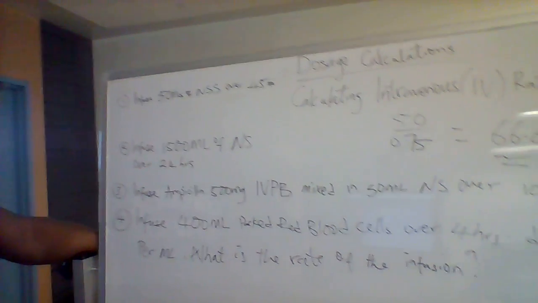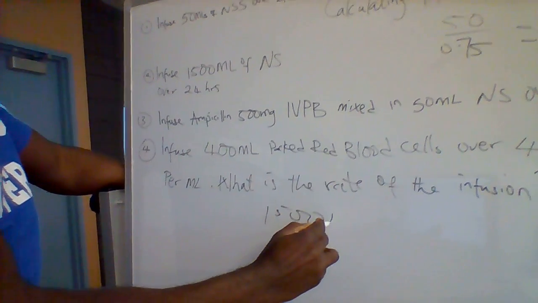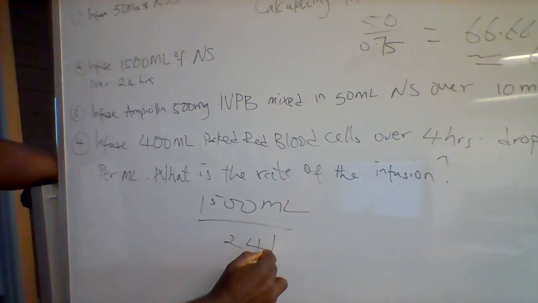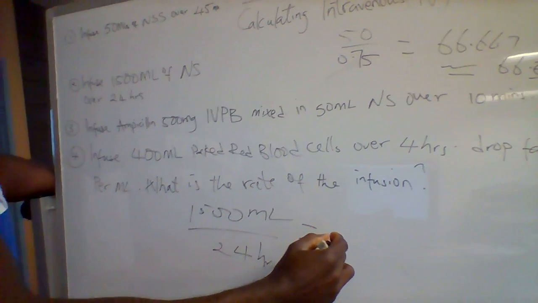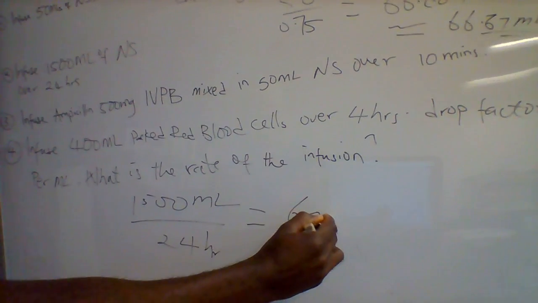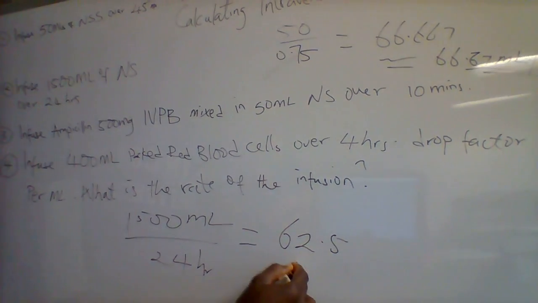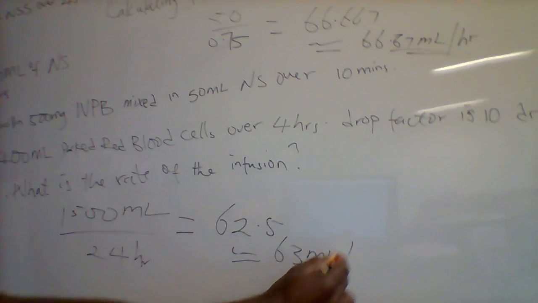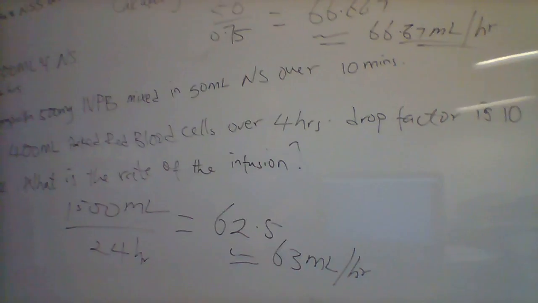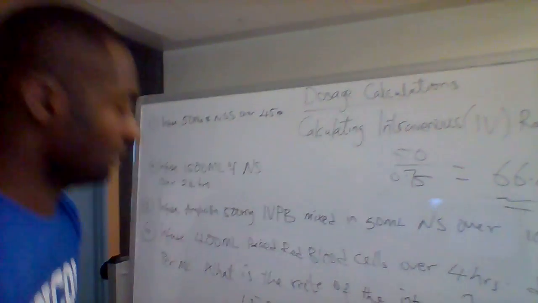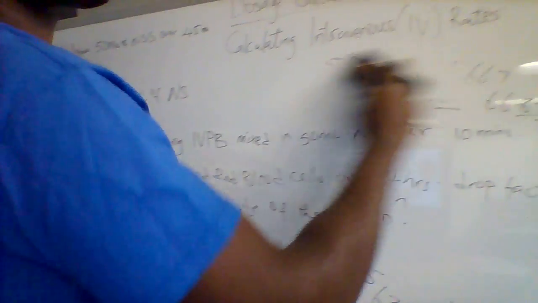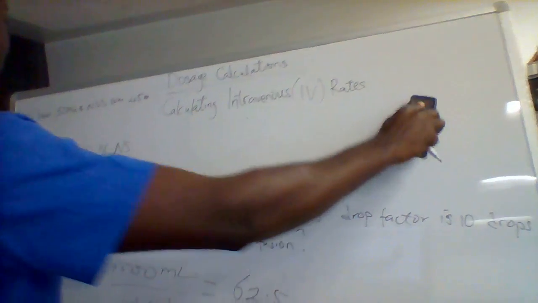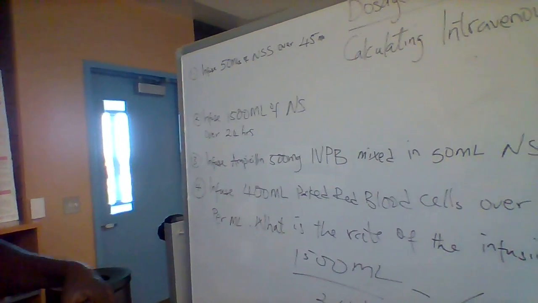So the same process: 1500 ml over 24 hours, which equals about 62.5, approximately 63 milliliters per hour. So that's how we go about it.